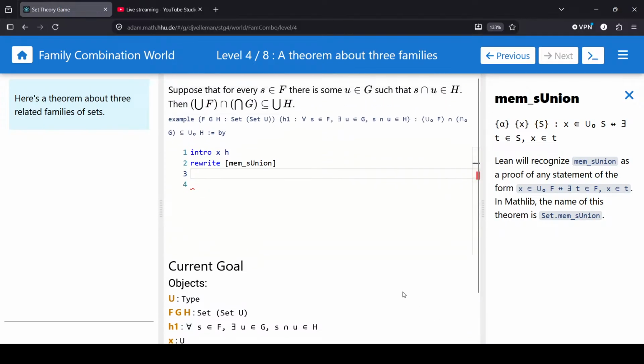Okay, maybe we need to bust out the Microsoft Paint. I mean, that's what we've been doing. Okay, so we have three families of sets.